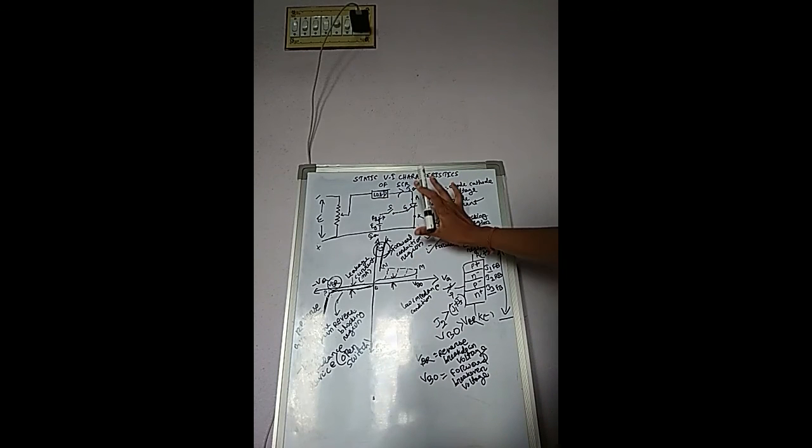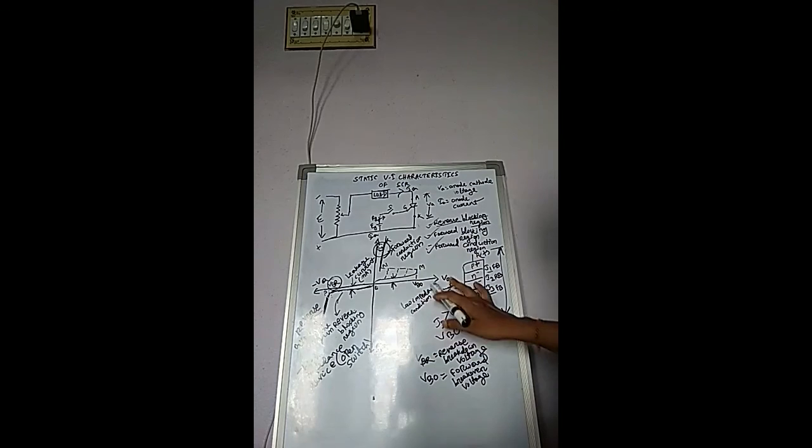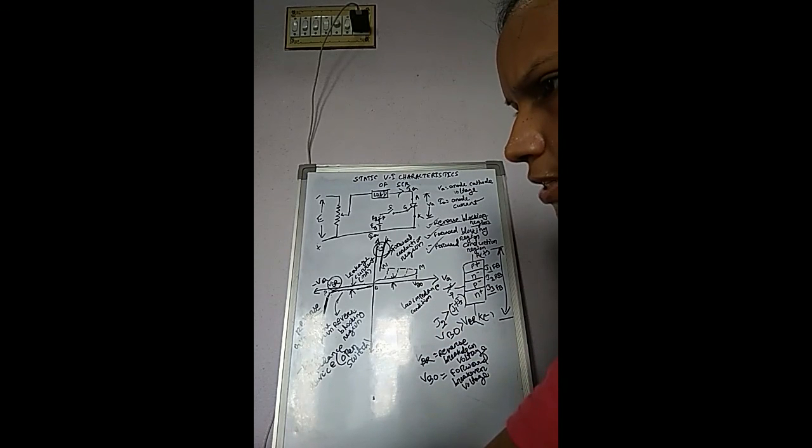Understood? When the thyristor conducts forward current, it acts like a closed switch. Understood? So now you understand clearly what VBO means.